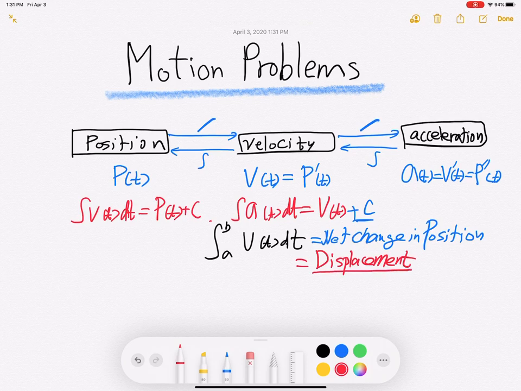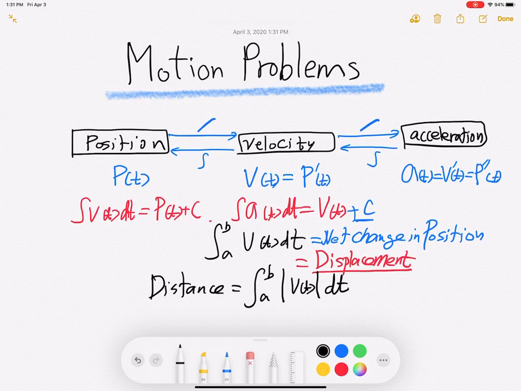Sometimes the AP exam asks you not for displacement, but for the distance traveled. So how can you find the distance? Distance is the integral from a to b of the absolute value of v of t dt. What does it mean? The absolute value of velocity is speed, right?